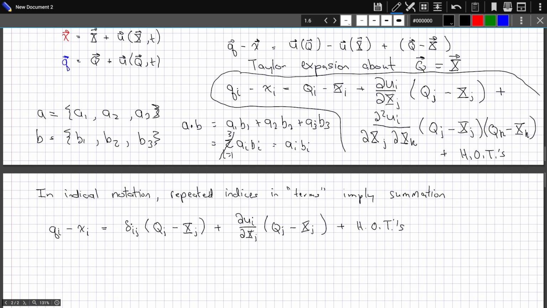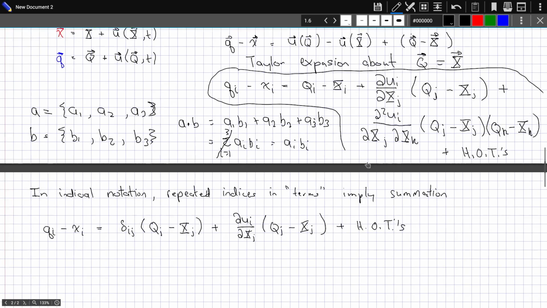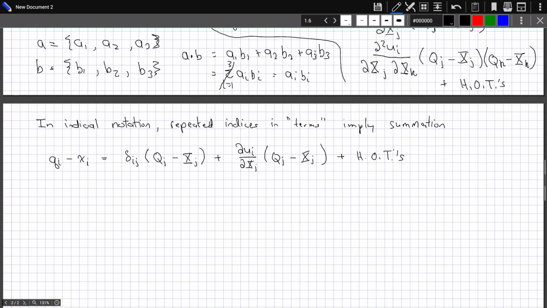Now, what is this thing? Kronecker delta, right? It's this special thing that is 1 when i is equal to j and 0 otherwise.